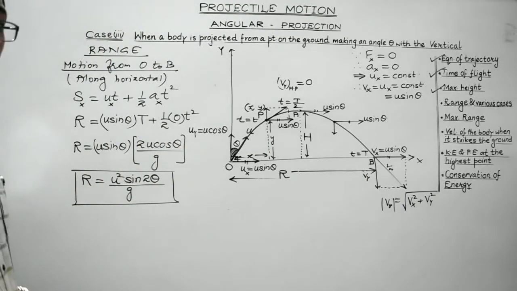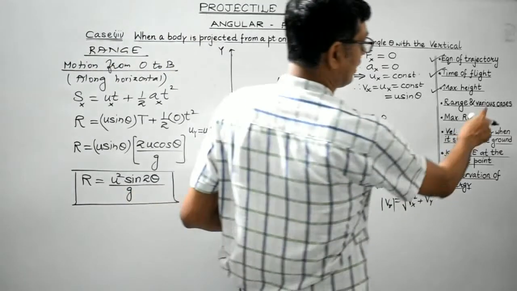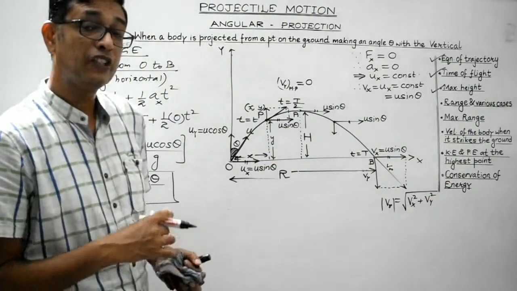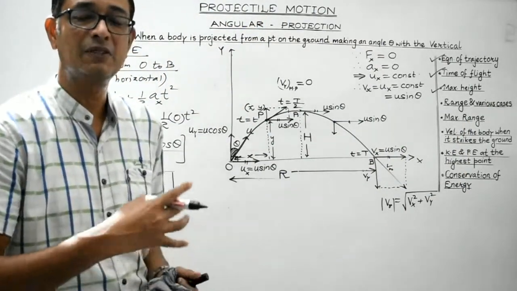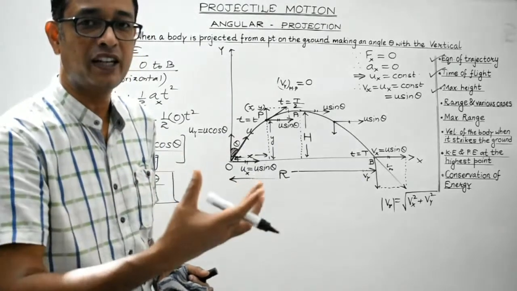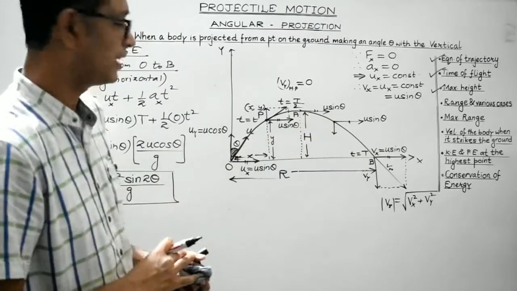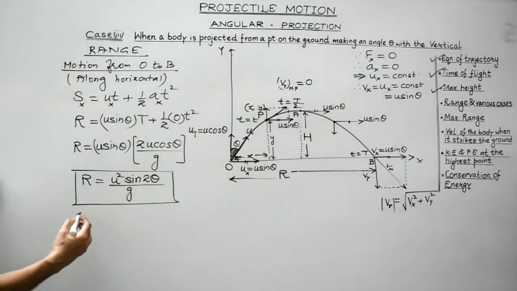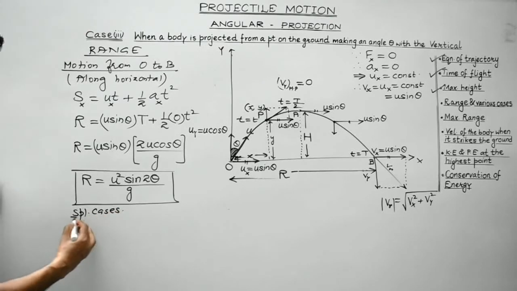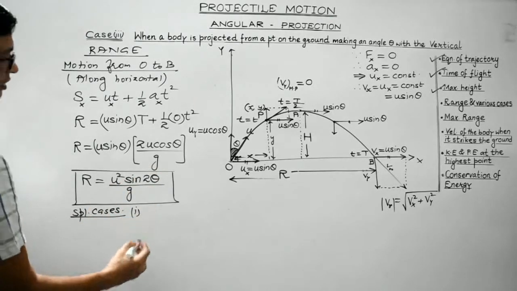Range. We need to discuss the special cases as well. There are some cases. We'll first try to find out the expression for the maximum range and the condition for a projectile to have maximum range, right? Here from this, it's pretty clear. Okay, let's deal with first case. It's pretty clear.